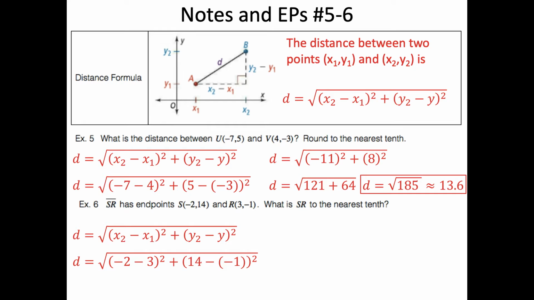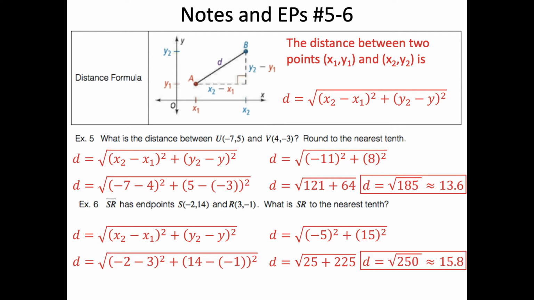As it is, I'm going to end up with a -5. But -5 squared is 25, or +5 squared is 25. So the order doesn't make any difference. Then I just multiply it out. It's going to be 25 plus 225, which is 250. Take the square root, and it's about equal to 15.8 after I round it.